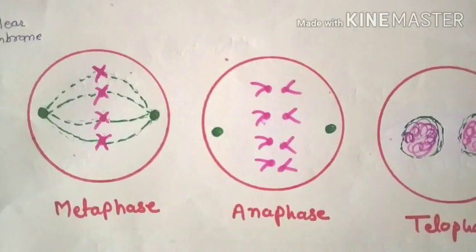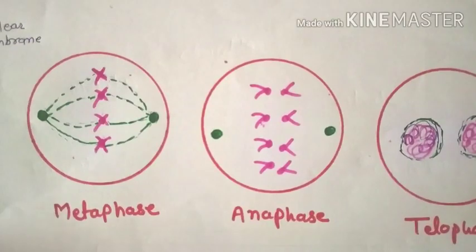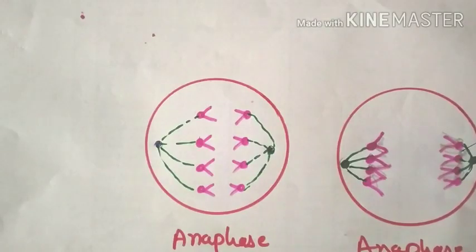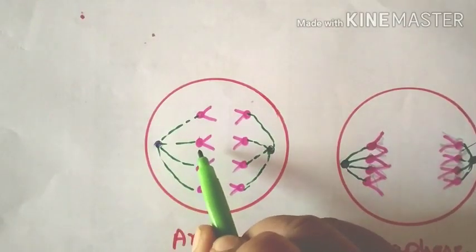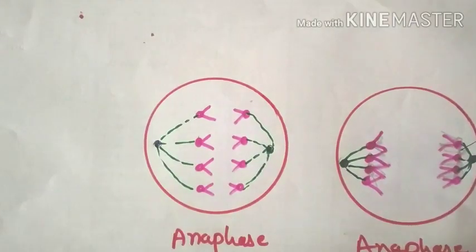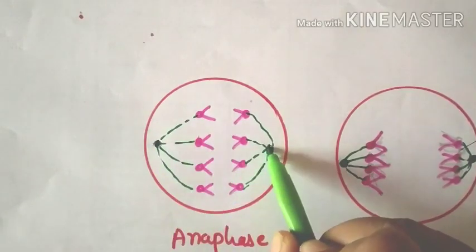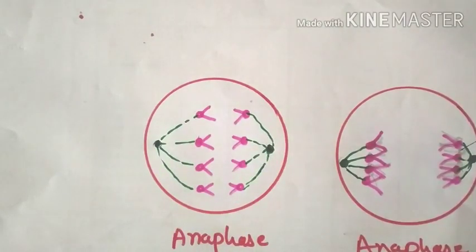Then in this phase, because of the spindle fibers, I draw another diagram for more clarity. These flexible protein fibers are formed between the centromere and the centriole. They pull the centromere towards this pole, towards the centriole.